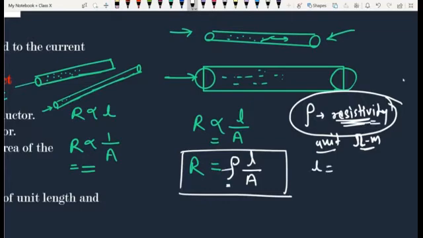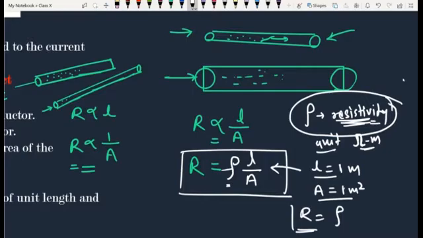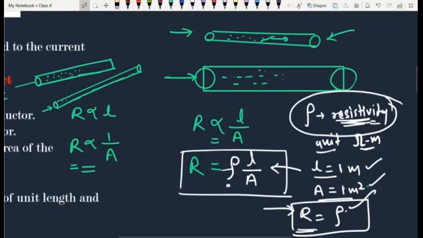When you take L as 1 meter and A as 1 meter square in this formula, you get R equals rho. So resistivity is nothing but the resistance of a conductor having 1 meter length and 1 meter square area. So it's a basic property of the material.